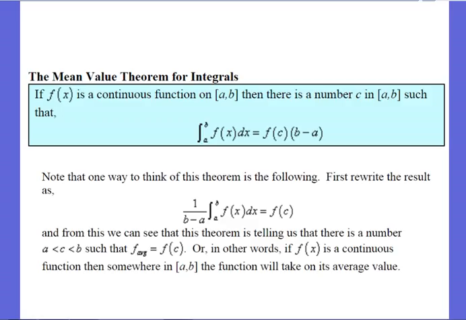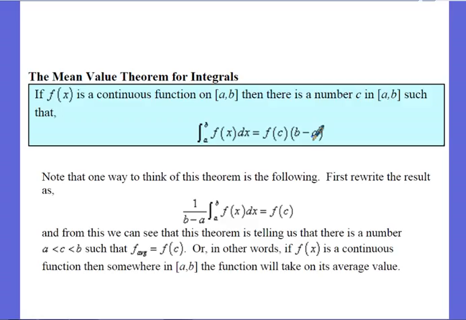So this is the mean value theorem. Basically saying that the definite integral at some point is equal to f of c times b minus a. And you realize f of c just means some number c plugged into your function, and then b minus a.